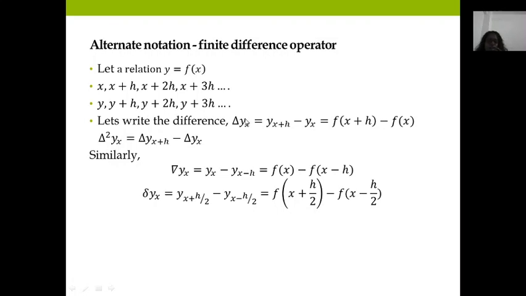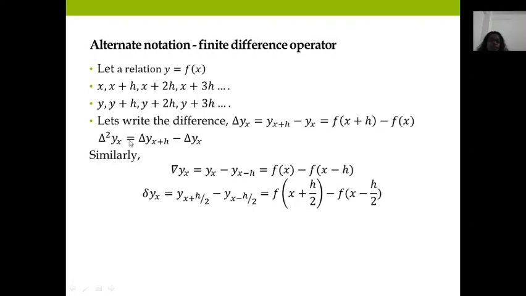The first forward difference operator delta y of x is y of x plus h minus y of x. Since y equals f of x, y of x plus h can be written as f of x plus h, so this is f of x plus h minus f of x.